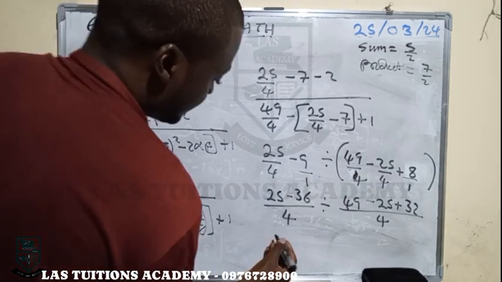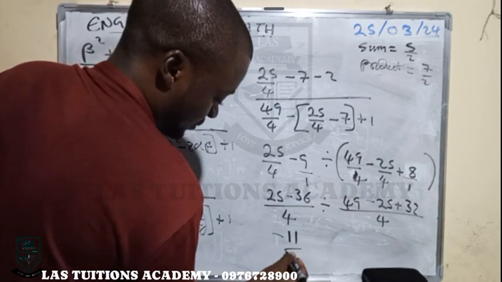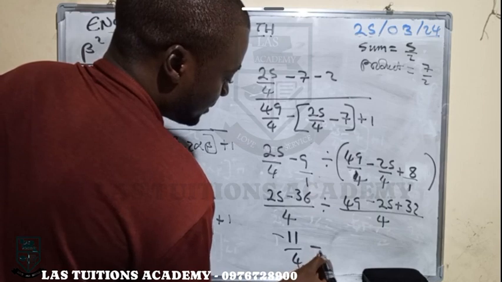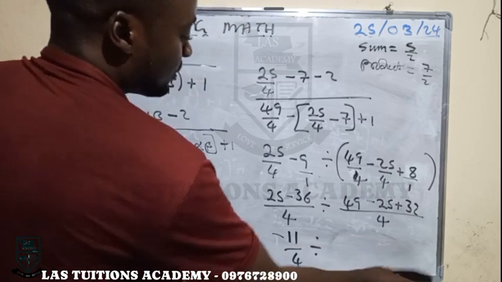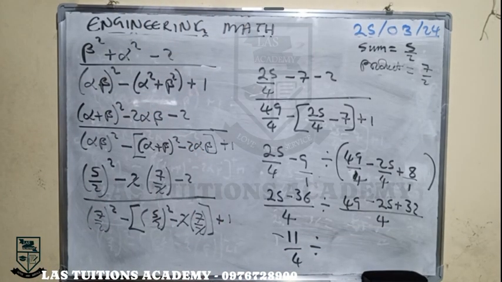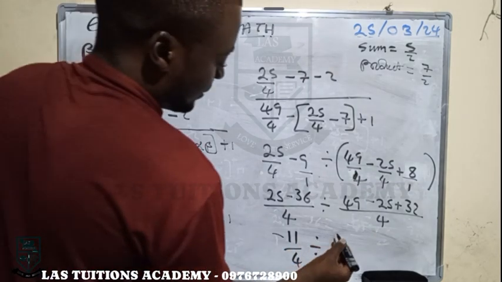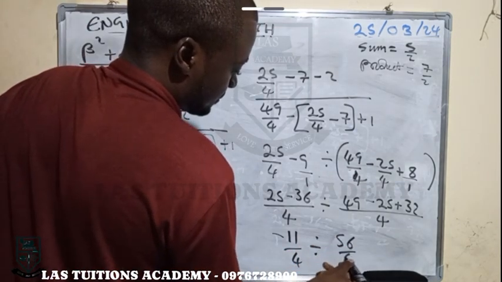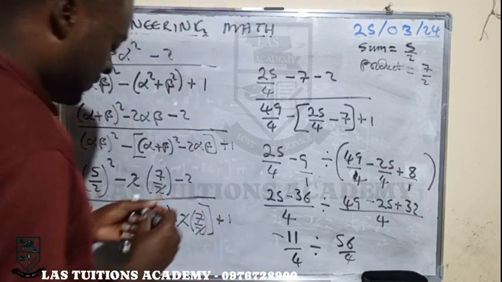So you get negative 11 over 4 divided by, what do we get on top there? 56 over 4. So you get 56 over 4.